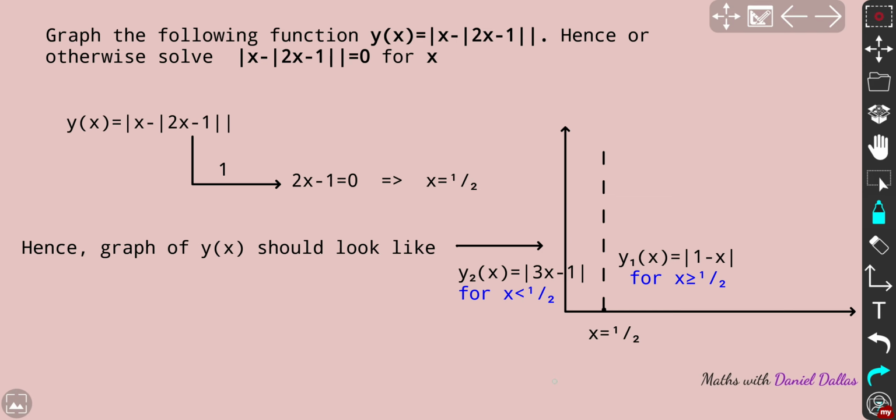And I hope you remember how to work with absolute value. You just simply do the next step. So you remember that absolute x simply behaves as a V shape. If you plot this graph here, you'll get something like this: above x equals 0 it behaves like x, and below x equals 0 it behaves like negative x.